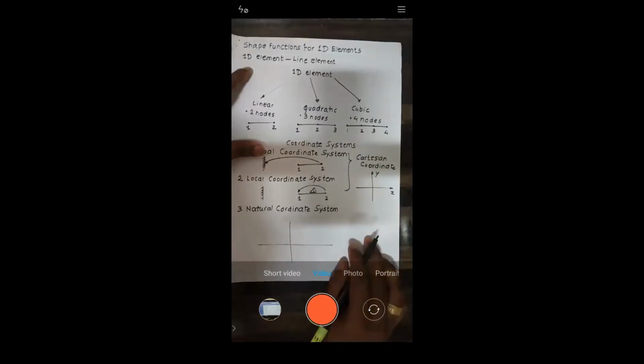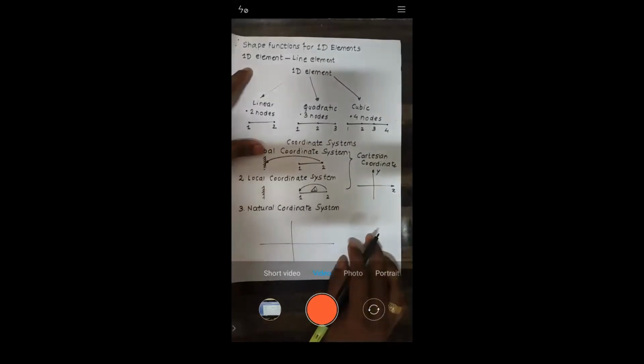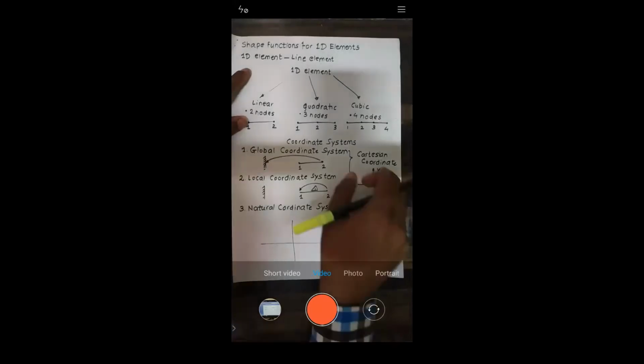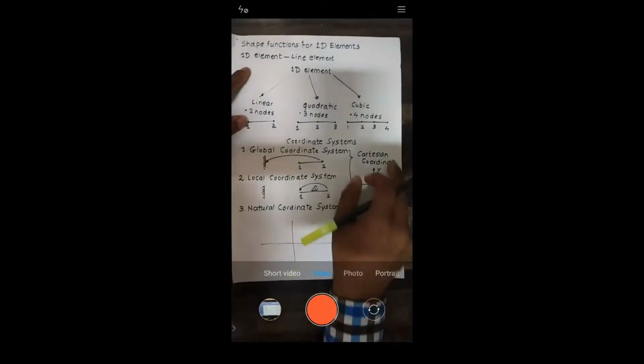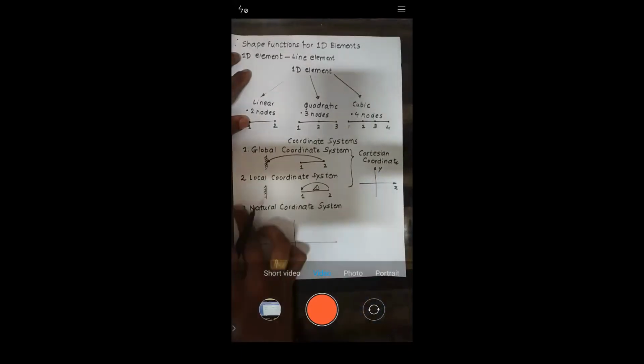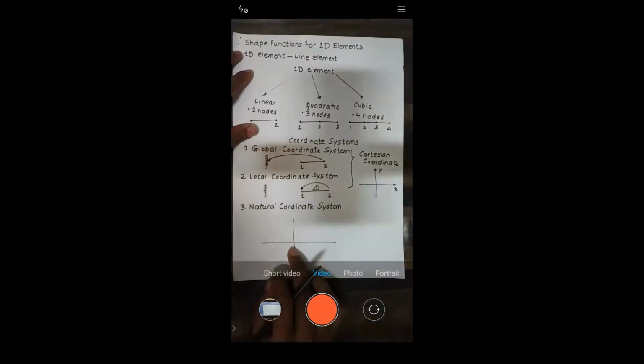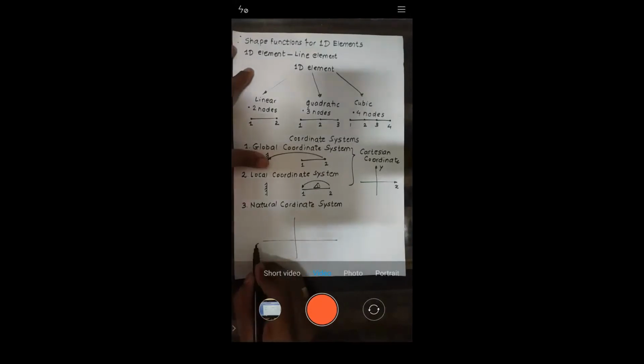So when you need to measure global position or local position, you measure its position in Cartesian coordinates, right? But when you have a natural coordinate system, you have a defined limit, that means a maximum limit. You need to replace x by zeta, where the limit for zeta is -1 to 1.